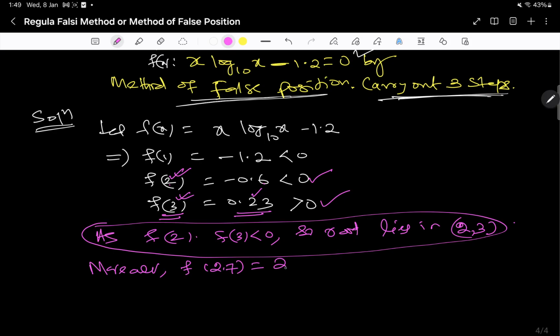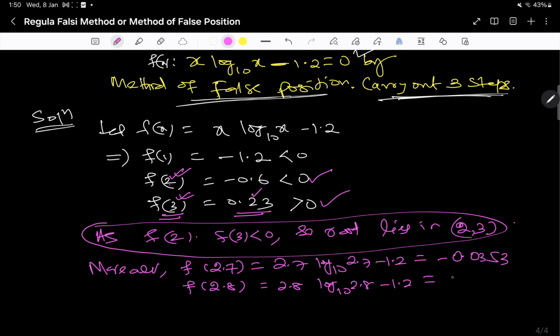It is 2.7 log 2.7 to base 10 minus 1.2, which is minus 0.0353. And f of 2.8 is 2.8 log 2.8 minus 1.2, which is plus 0.052.